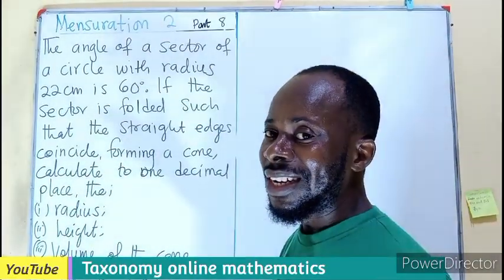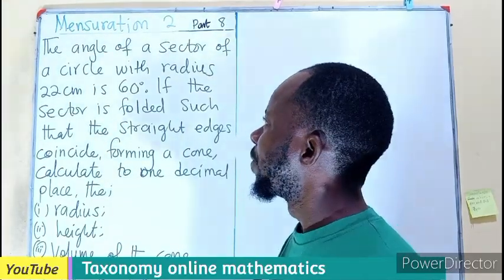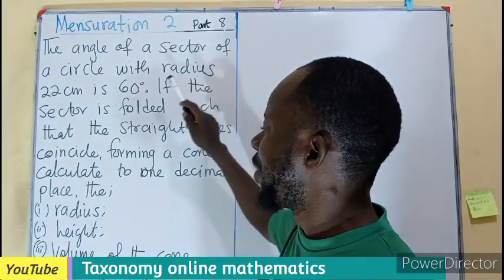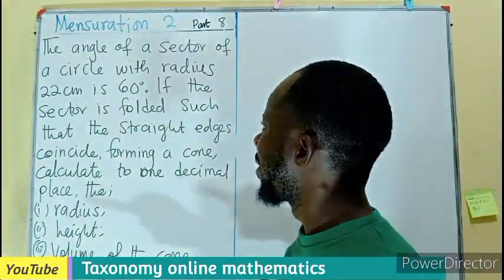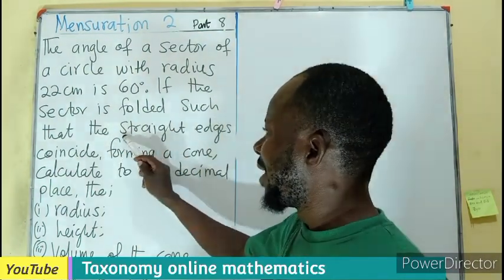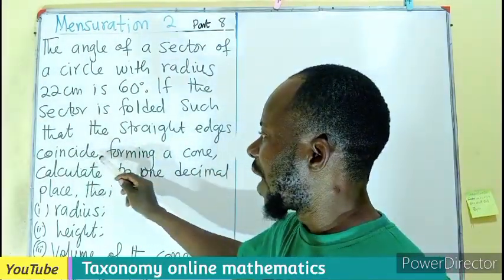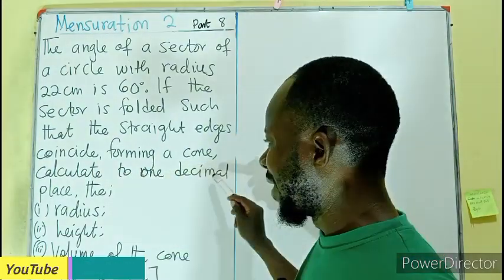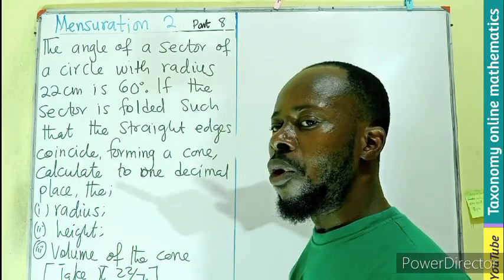Under mensuration, the volume of a cone. All right. The angle of a sector of a circle with a radius of 22 centimeters is given as 60 degrees. If the sector is then folded such that the straight edges, which are the radii, coincide, forming a cone, calculate to one decimal place the radius, the height, and the volume of the cone.